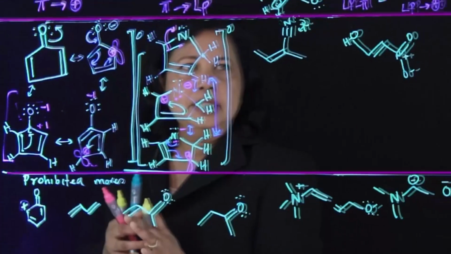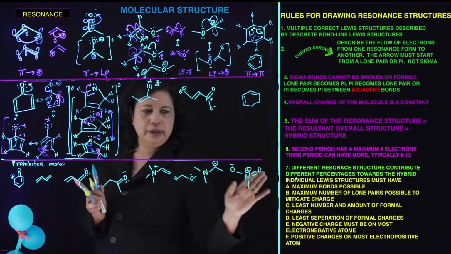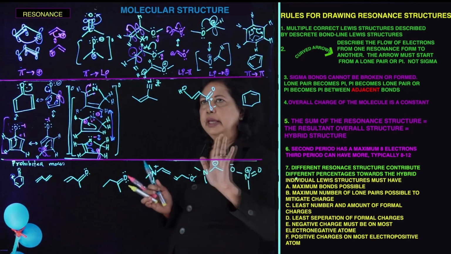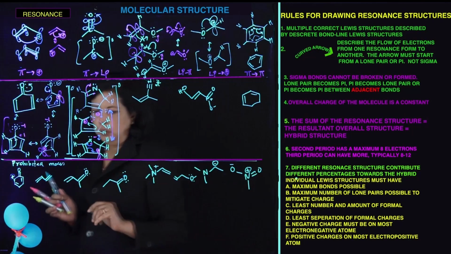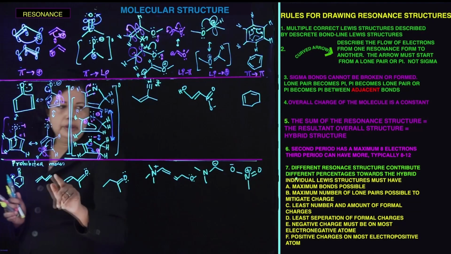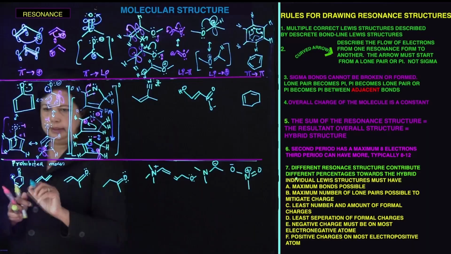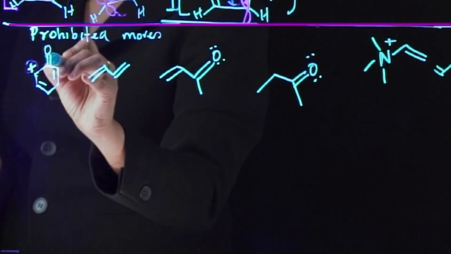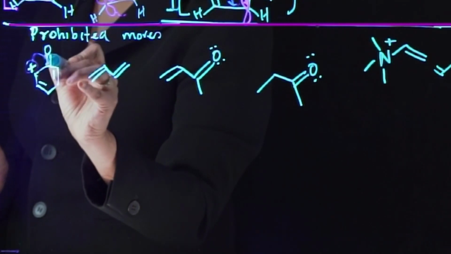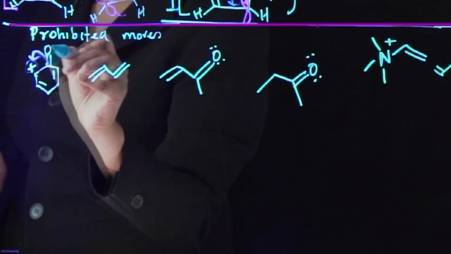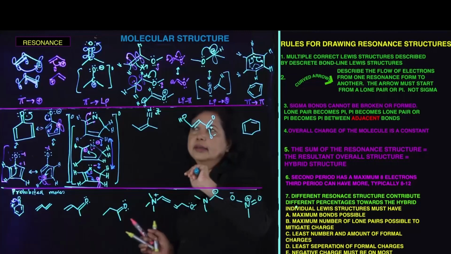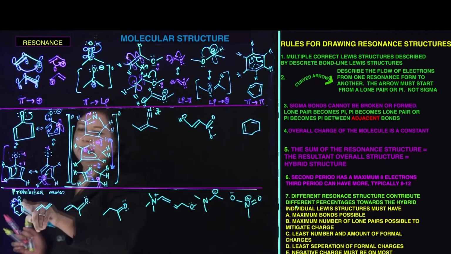Well, let's look at some of the moves here that are forbidden, prohibited moves. Then you can tell me which one you're going to do. So over here, you have some moves here that are forbidden. Now, if you take this, can we do this? Can we move this pi to a positive? Can we do that? Like this, but in this direction.